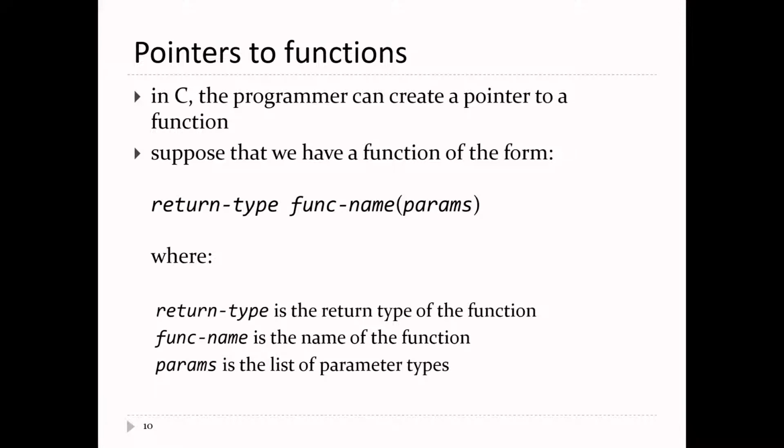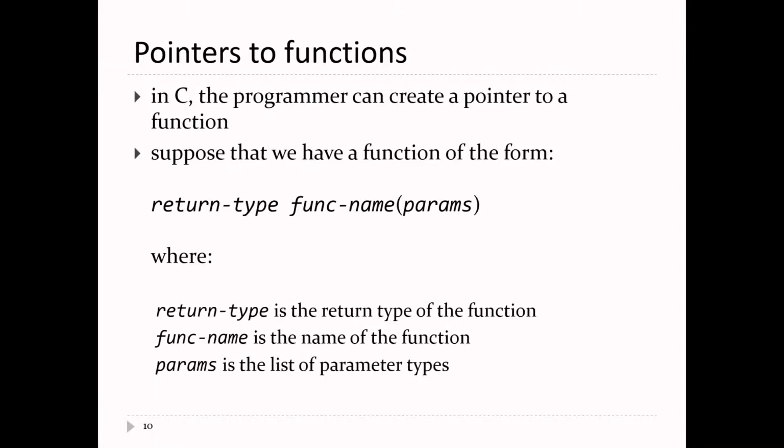Every function has a return type, possibly void, so the return type goes first. This is when you define your function: return type, function name, list of parameters, where each parameter has a name and a type. That's what every function in C looks like.